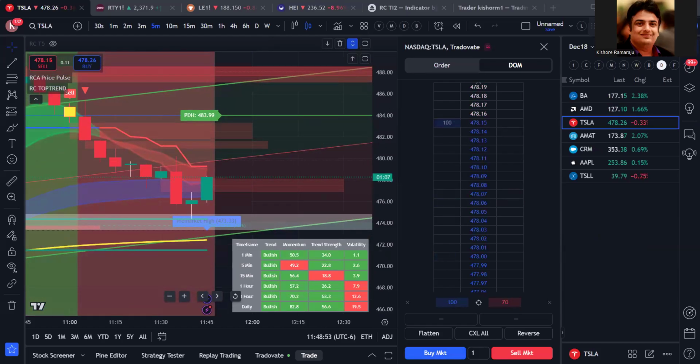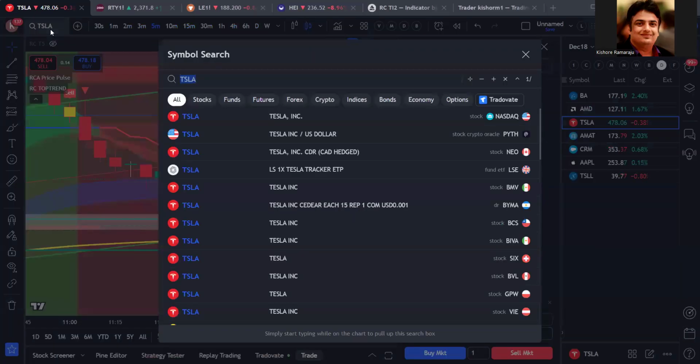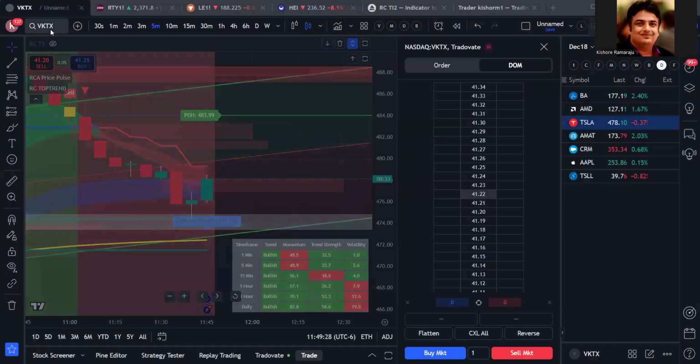I'm going ahead and VKTX put. You can see this VKTX, which we took.